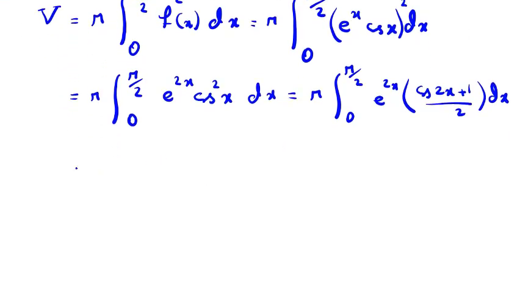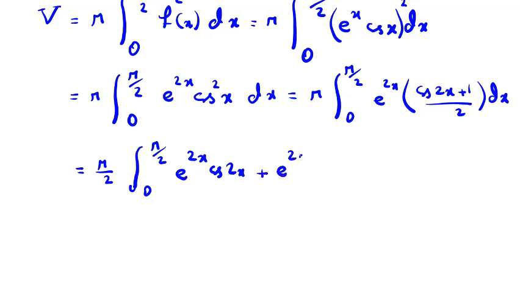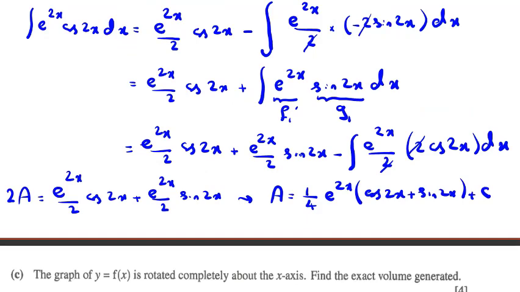Now, if we divide it into different parts and take 2 outside, it will be pi over 2 times the integral from 0 to pi over 2 of e^(2x) cos 2x plus e^(2x) dx. So we can say it's pi over 2. Let's write e^(2x) cos 2x.